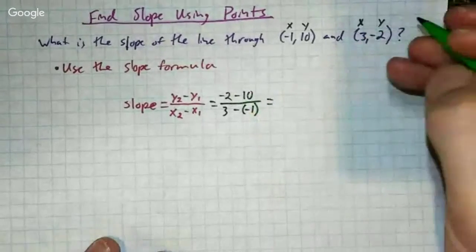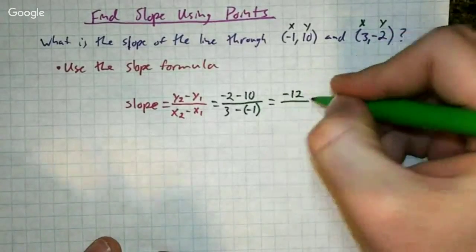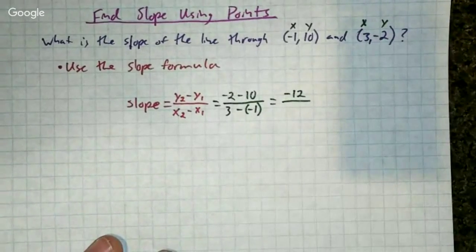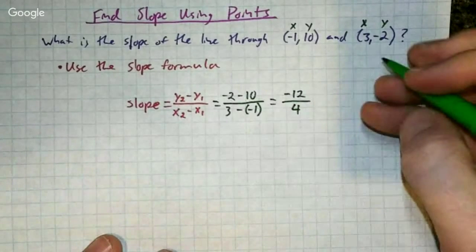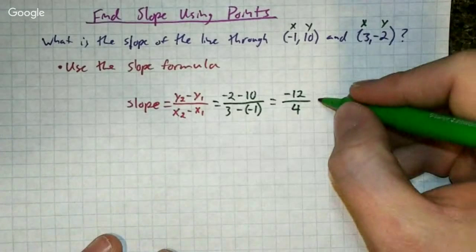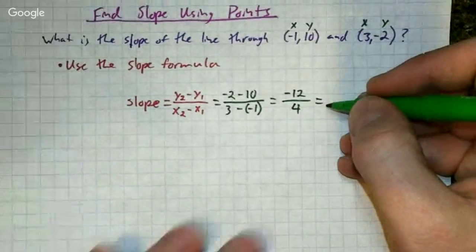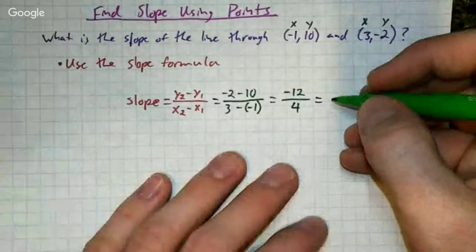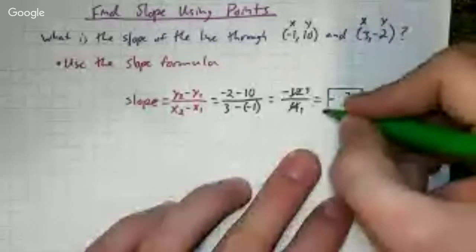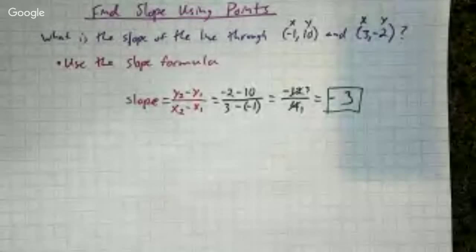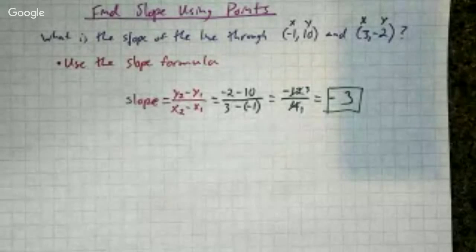Negative 2 minus 10 is going to be negative 12, over 3 minus negative 1, which is actually going to be plus 1, is 4. Negative 12 over 4. Now we can simplify that. Our slope is going to be negative 3. Not bad. So you just plug in the right points, get your answer.